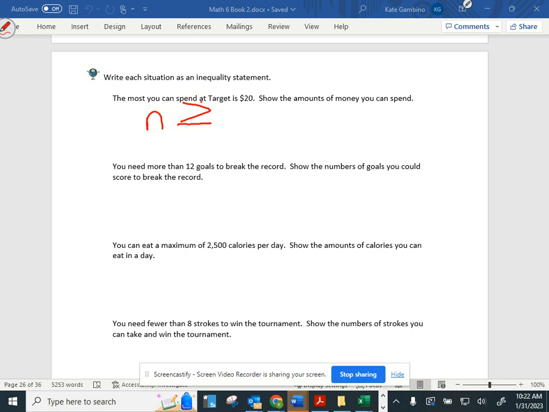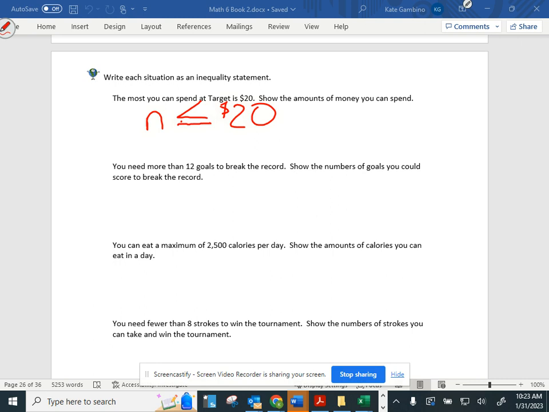So if we're saying the most you can spend at Target is $20, we're saying N can be greater than $20, but it can't. The greatest amount we can spend at Target is $20, so we want it to be less than $20. So we could spend $15, we could spend $19, we could even spend $20, but we cannot spend more than that. So we can spend less than 20 or equal to 20. So N is less than or equal to 20. Did that make sense, Amelia? Yep.